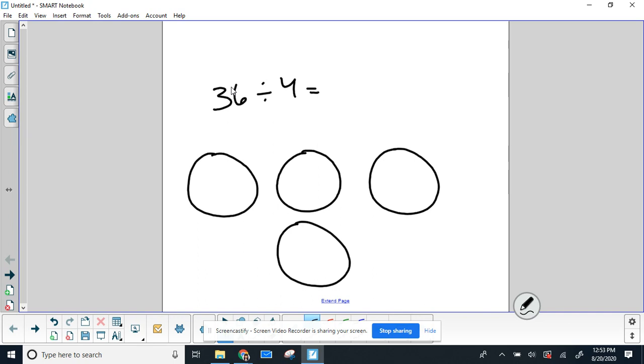Now I need to take this 36 and split it up between these 4 groups. This is tedious, but it works. You have to put 1 in each of the 4 groups until you get to 36.